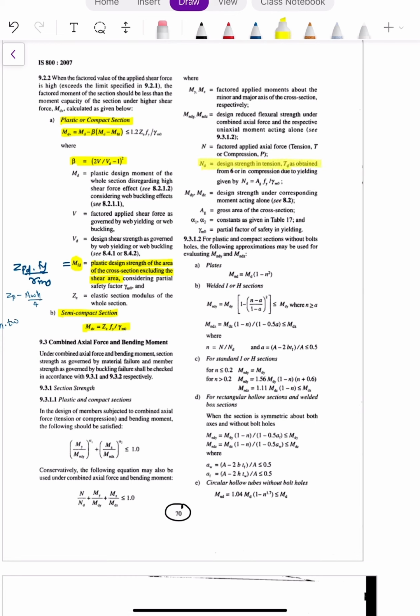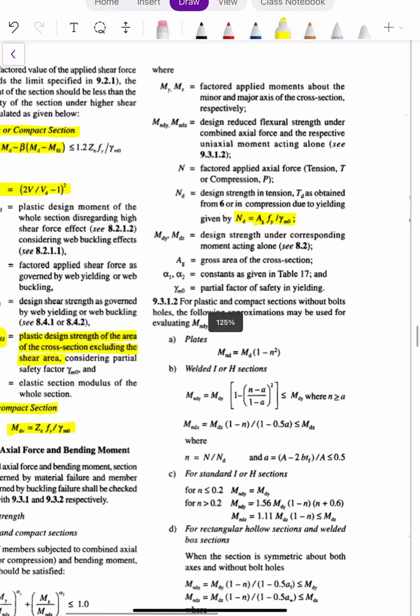The Nd equation is written as Nd is equal to Ag fy upon gamma m0.